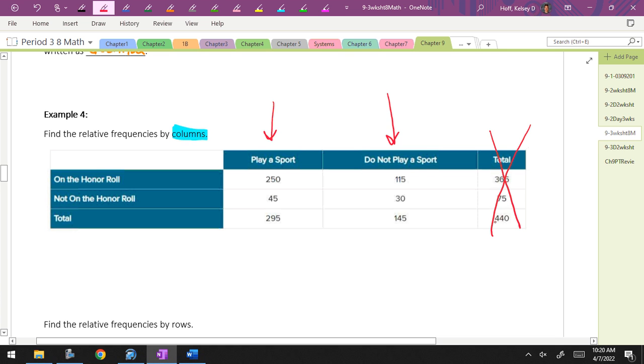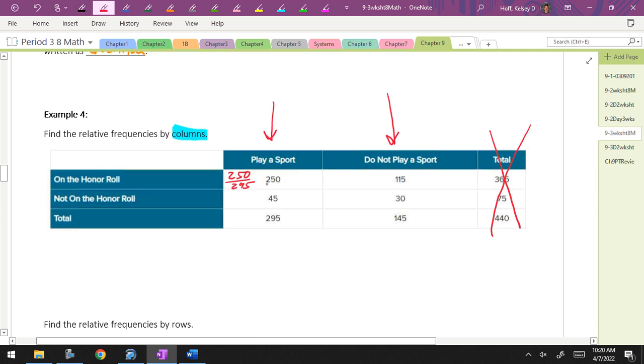Remember, they said part divided by whole. So in play a sport, the part on the honor roll is 250. The whole is 295. So we're going to take 250 divided by 295 and round to the nearest hundredth.